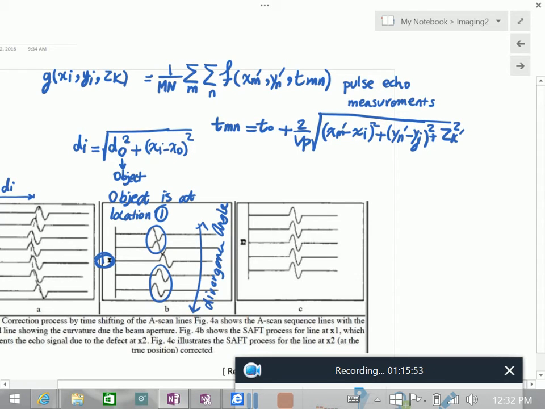That's the basic equation. Next time I show it a little bit more, the 2D version of it, which is more tangible. And then we are done with the imaging. Any questions?